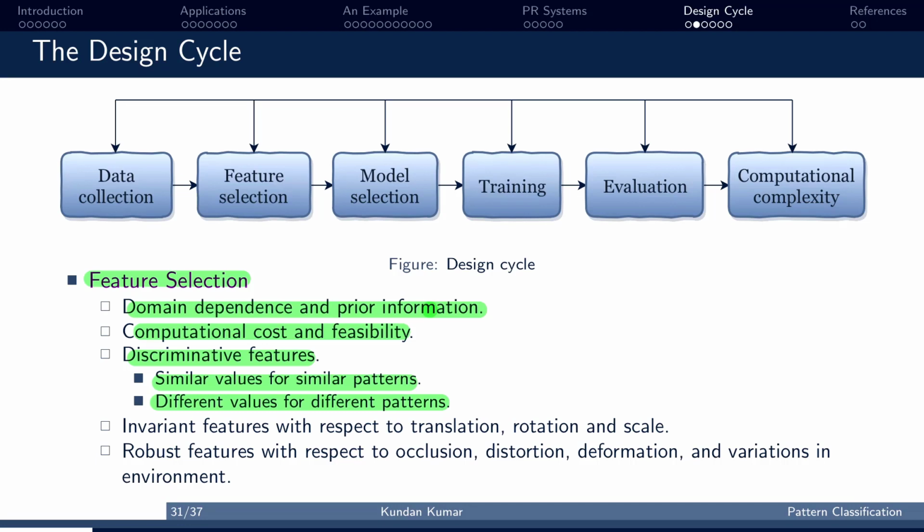They should be invariant with respect to rotation, translation, and scale. They should be robust with respect to occlusion, distortion, deformation, and variations in the environment.